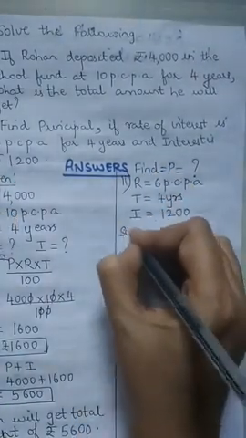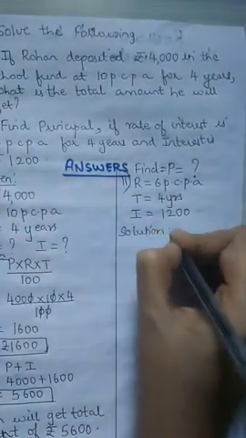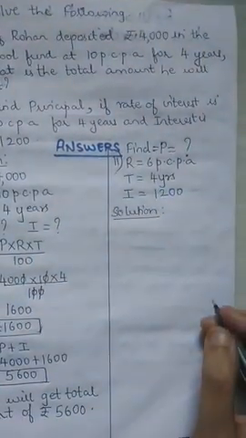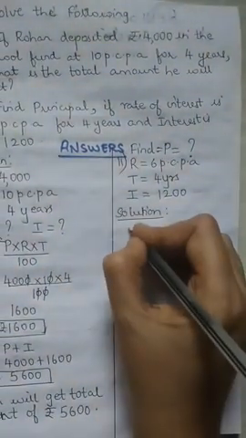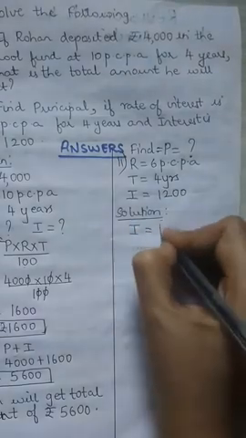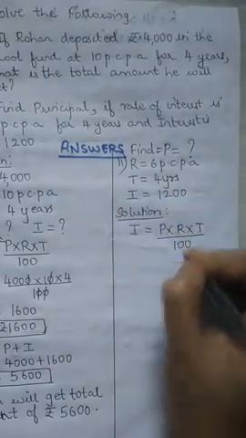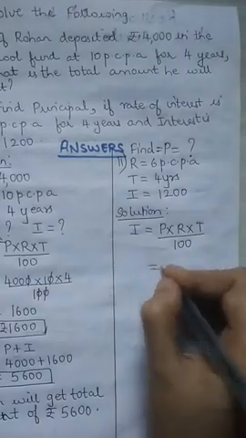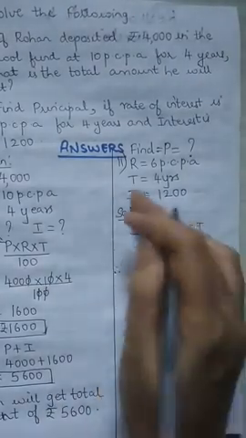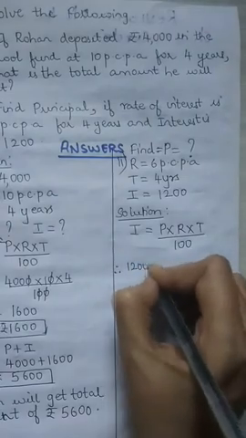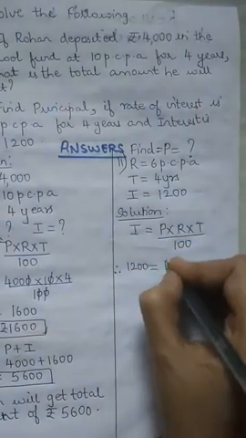So let's start with the solution. What formula will you use, girls? Yes, I is equal to P into R into T upon 100. Okay, so I you already know, that is 1200. P you don't know, so keep it as it is.